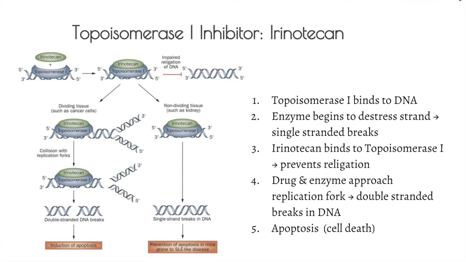Then, the topoisomerase inhibitor and the enzyme approach the replication fork in the DNA and interfere with the breaks in the DNA. Finally, the cell signals for apoptosis due to its mutations. In the image on the left, you can visualize how irinotecan attaches to the topoisomerase enzyme and eventually leads to apoptosis.